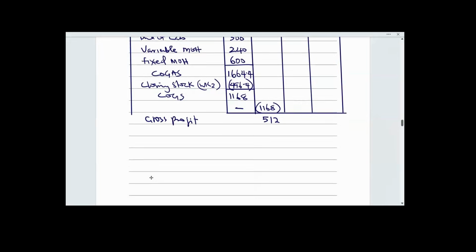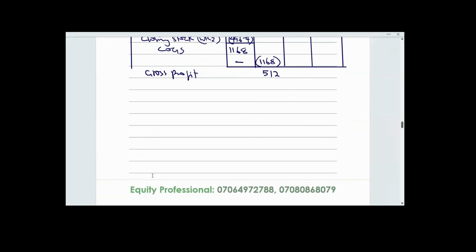After the gross profit, what do you consider? Non-production cost, because we are using absorption costing method. In the question, we have some non-production costs.